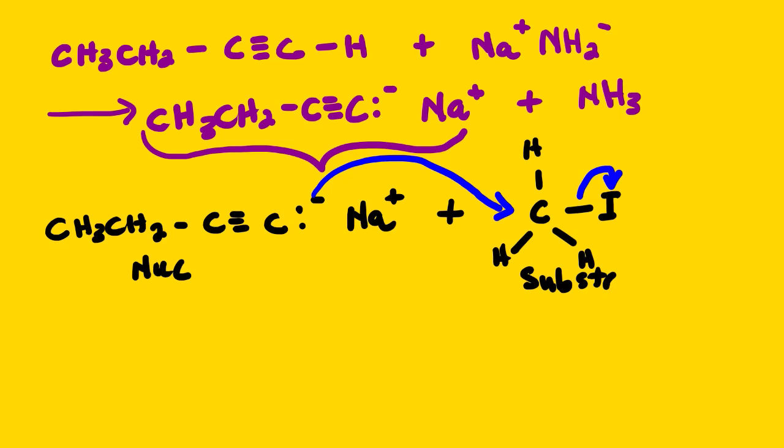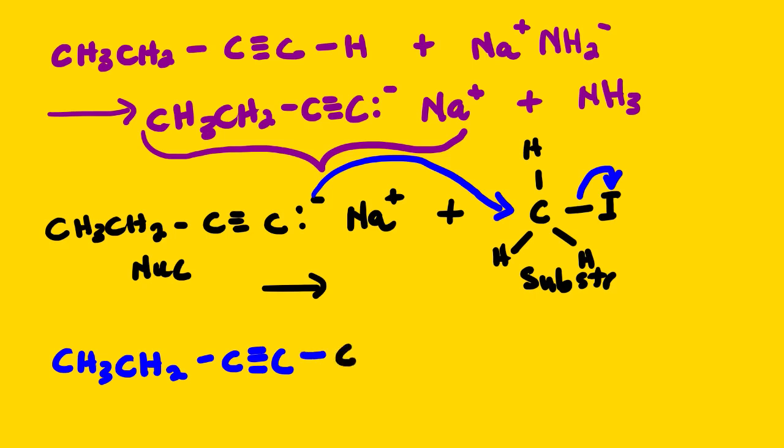And then we are going to form, this is where we are going to yield our new, actually let me not say functional group, let me say our new compound.